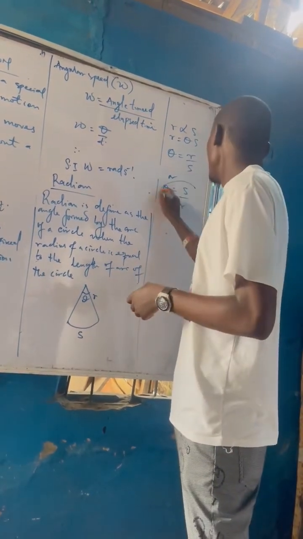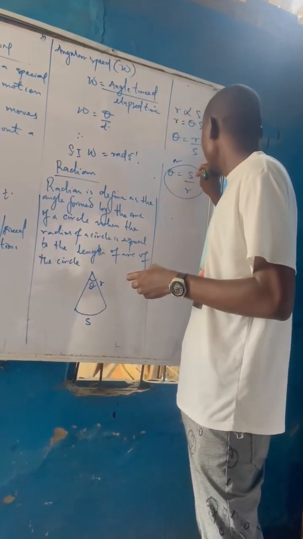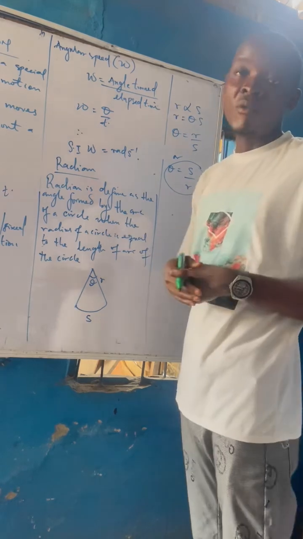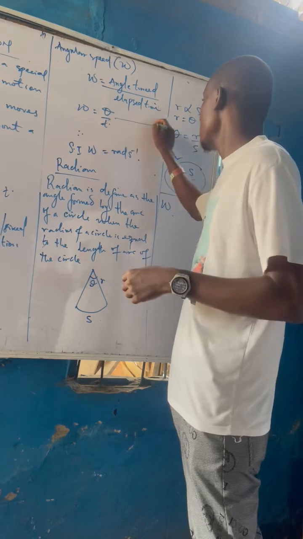But basically, we are going to go with this. That is, theta is equal to length of arc over what? Over radius. Let's call this equation 1.